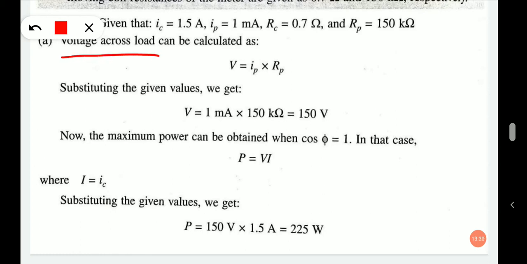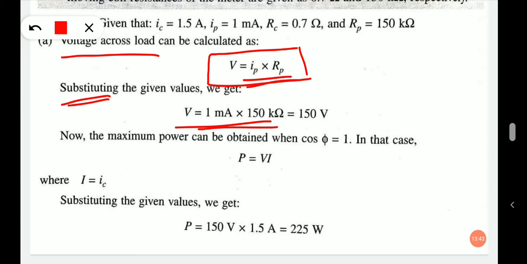So voltage across the load we can calculate as V equals IP into RP. We know the values of IP and RP. Substituting the values, V equals 1 milliampere times 150 kilo ohm.